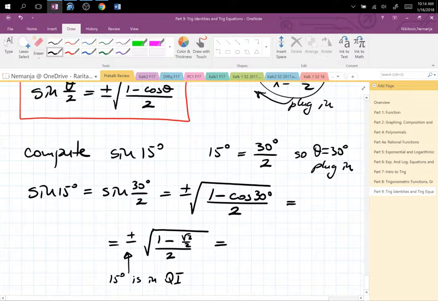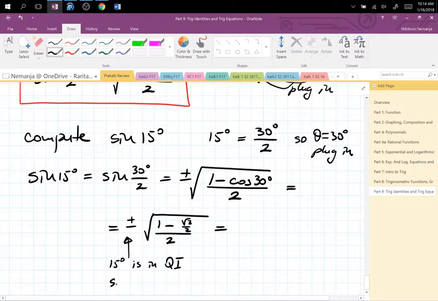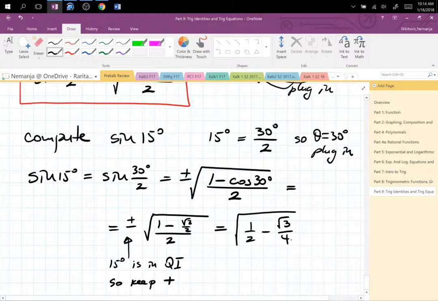And if it's in quadrant 1, that means the sine is positive, so we keep the plus only. Keep plus and throw away minus. And what you get is just the square root of 1/2 minus the square root of 3 over 4, when you take root 3. And that's actually the exact value for sine 15.